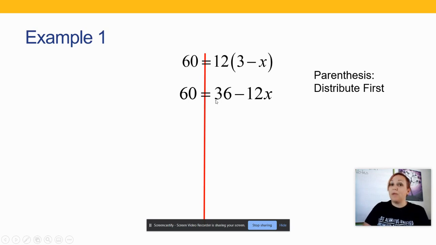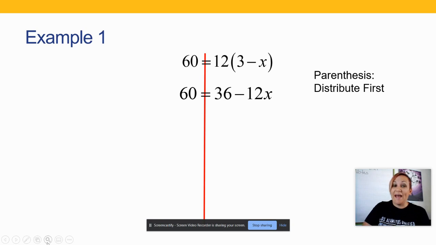The other thing that can be kind of confusing about this problem is we see a subtraction sign, so we might want to add. But this subtraction sign is connected to the number 12. It is not connected to the number 36.